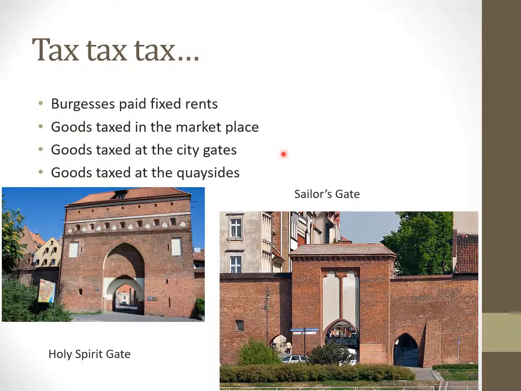They tax goods when they come in and out of the city gates, and they also tax goods at the quaysides. These are two gates at the bottom here along the River Vistula. Here's a so-called Sailor's Gate, where they could control the flow of people coming off of ships in and out of the city. And on the left here is the so-called Holy Spirit Gate, which led down to the quayside.